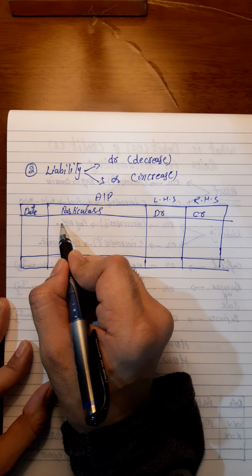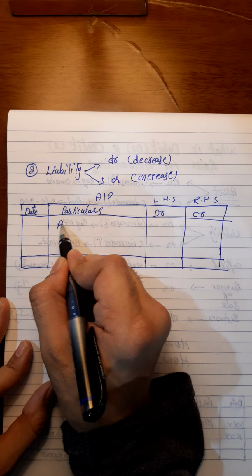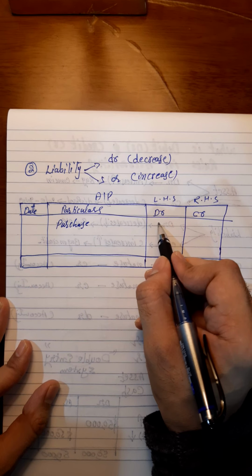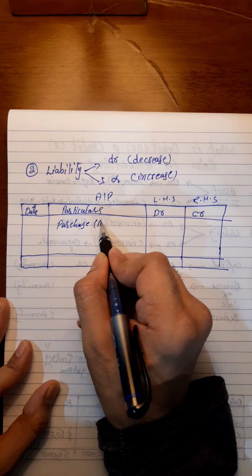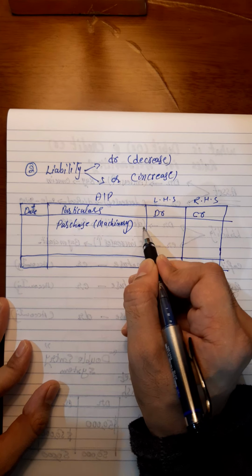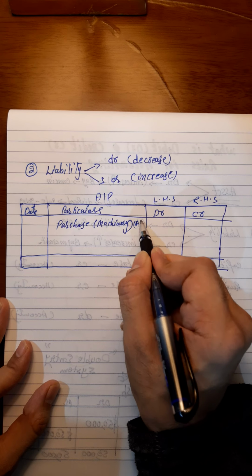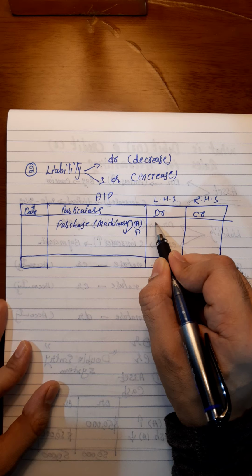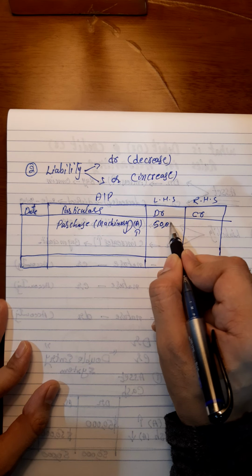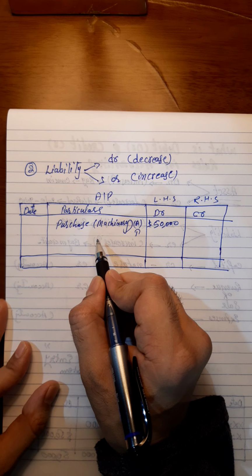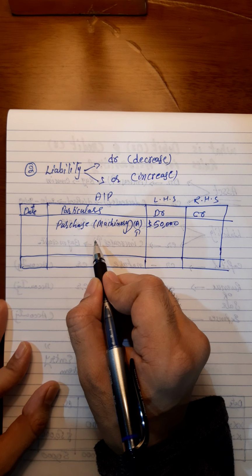We purchased, so purchases will be debit. For example, we purchase machinery. Machinery is an asset, and the asset here increases, right? $50,000. But we purchase this machinery on credit.